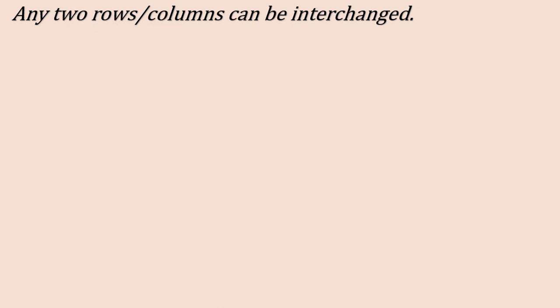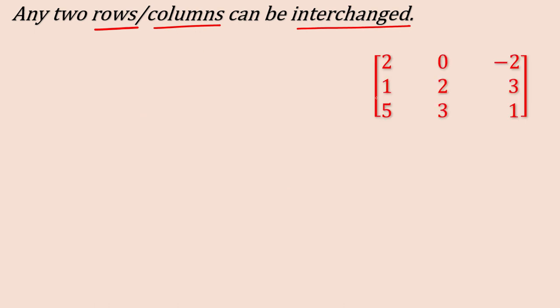Now another operation is that any two rows or columns can be interchanged. Interchanged means they will just swap their position. For example, we need a 1 here, to shift 1 there. So what can we do? One thing we can do is R1 replaced by R1 minus R2, because 2 minus 1 will become 1.